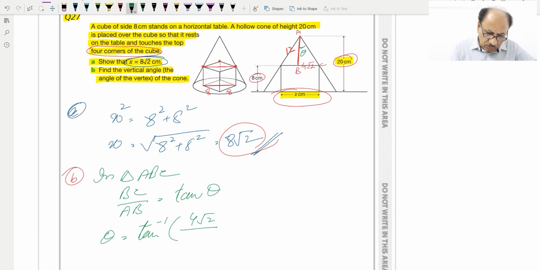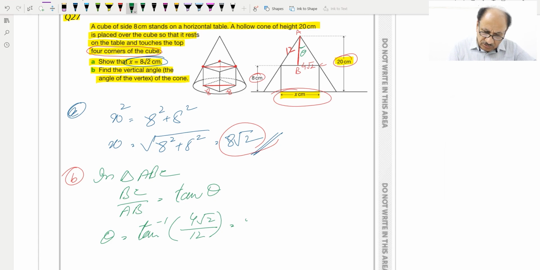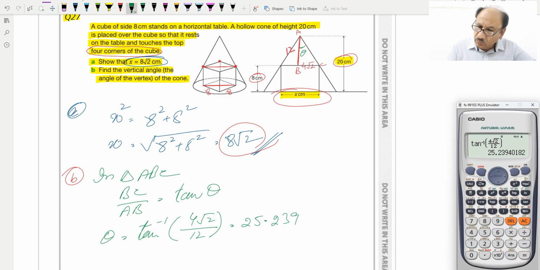We can simplify this: shift tan of fraction 4 root 2 over 12 and bracket close, and this will give us 25.2394.